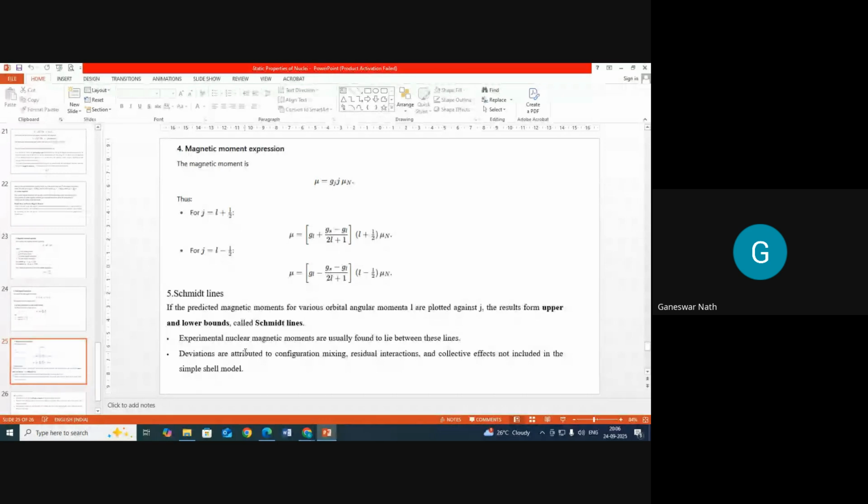Okay, and experimental nuclear magnetic moments are usually found to lie between these lines. You can find that configuration mixing, residual interactions and collective effects, which are not included in the shell model, can be determined by this momentum concept.